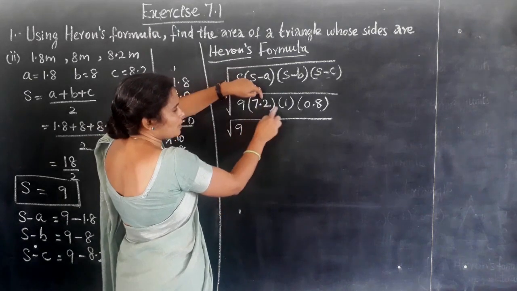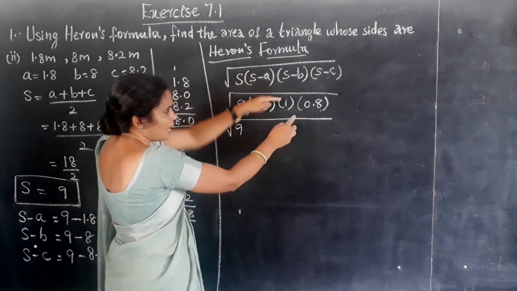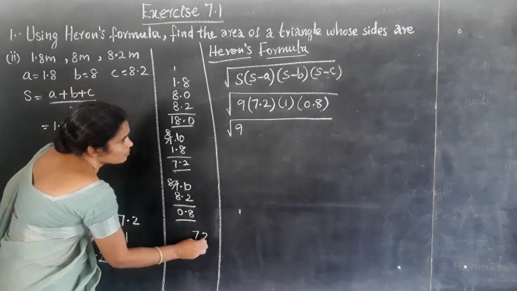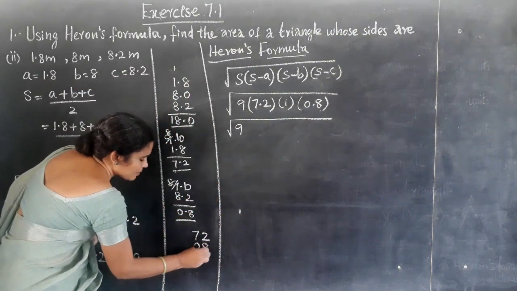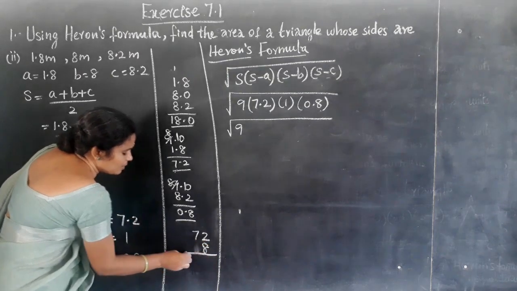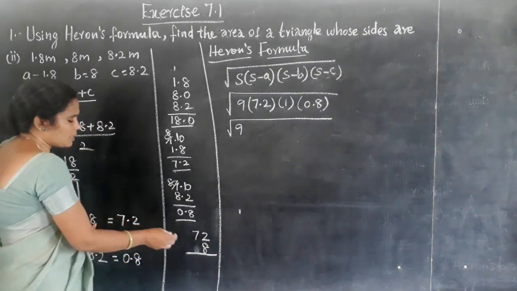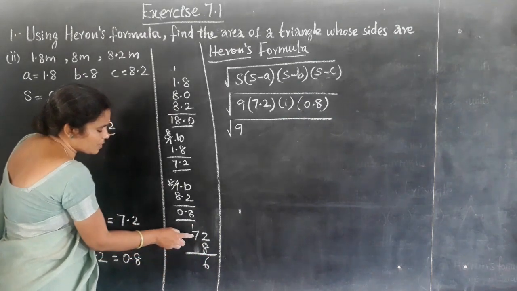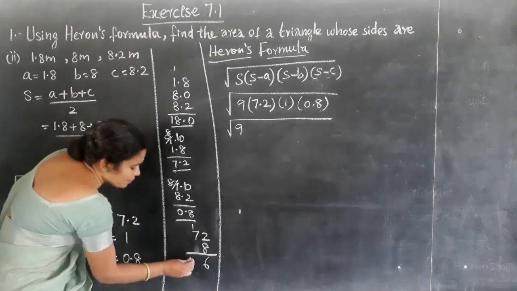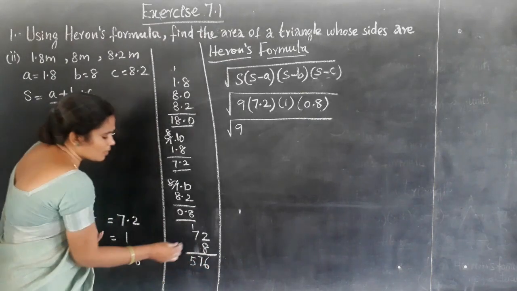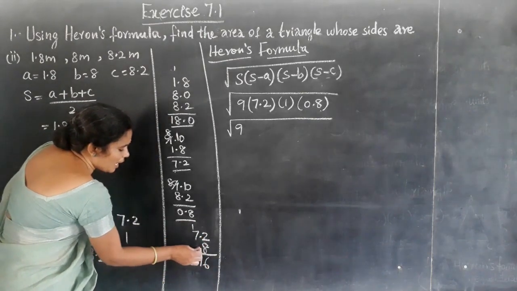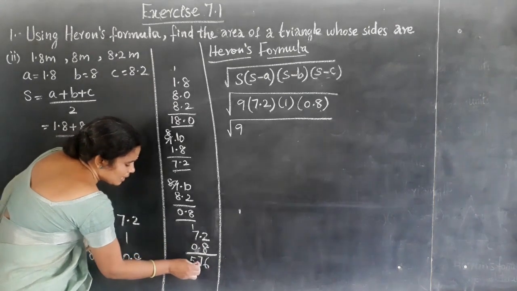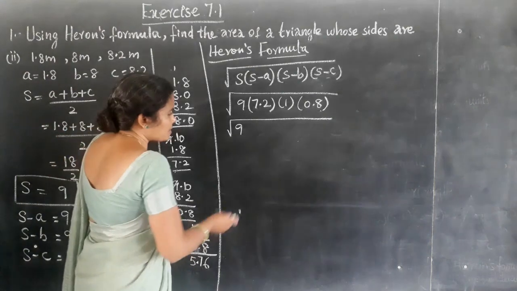So 7.2 into 1 is 7.2, and multiply 7.2 with 0.8. First multiply without the decimal. So 8 2s are 16, 16 remaining 1, 8 7s are 56, 56 plus 1 is 57. Here 7.2 and 0.8 have 2 decimal places, so it is 5.76.